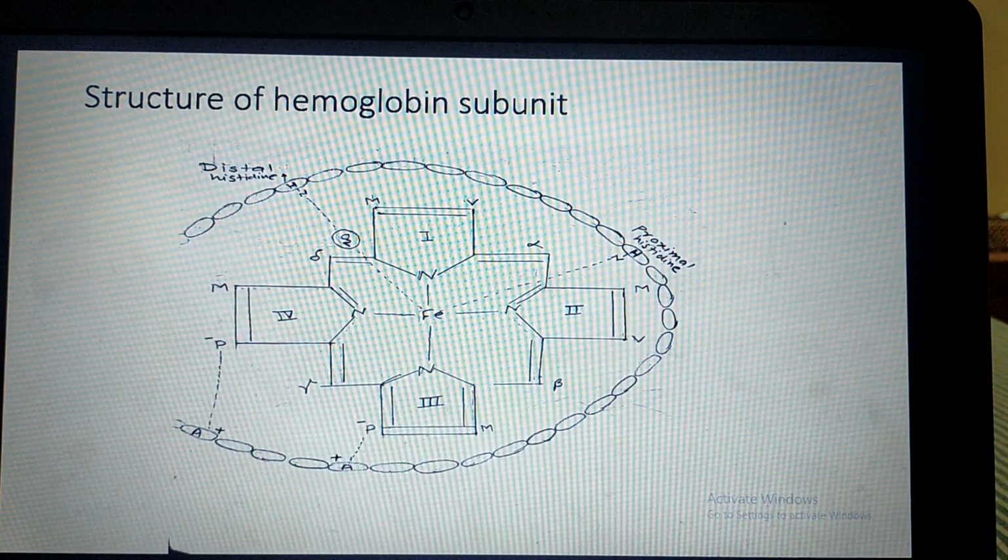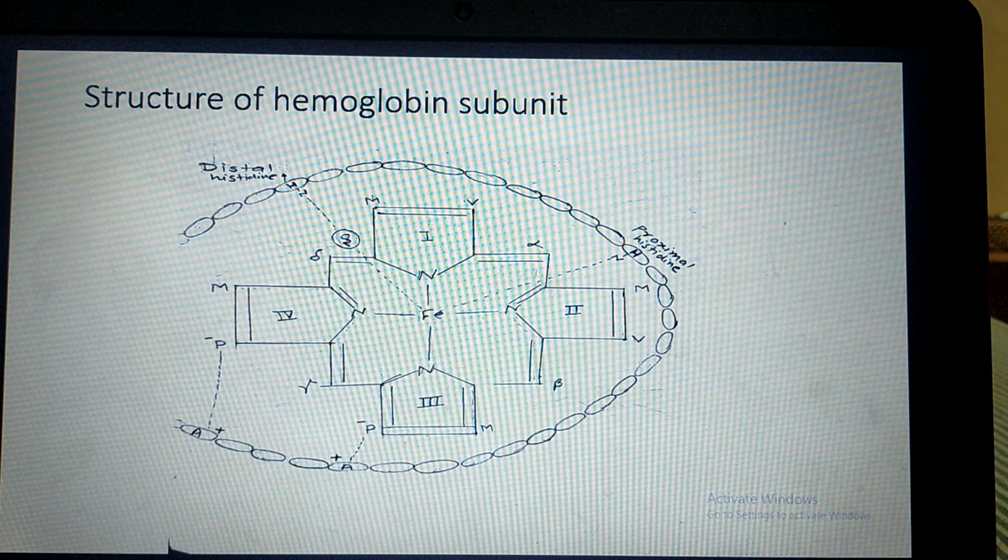Now, what is proximal and distal histidine? In this structure, I have shown you heme centrally and a globin chain peripherally. Now, this globin chain contains many amino acids.